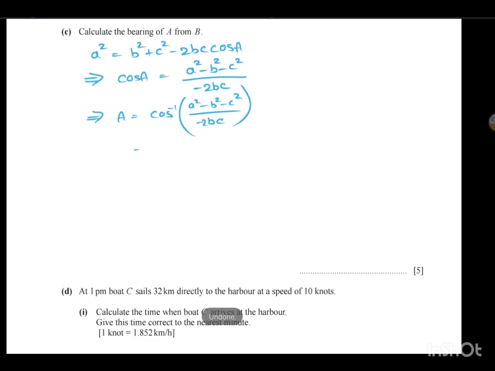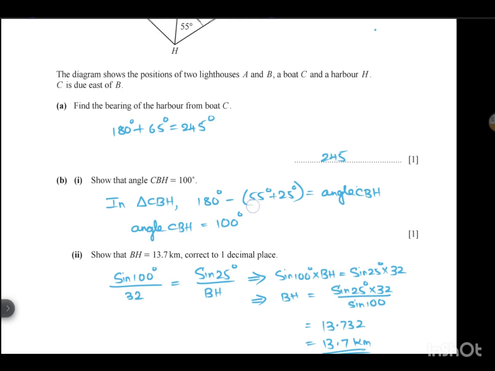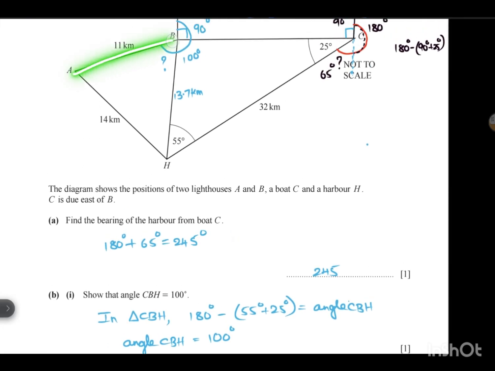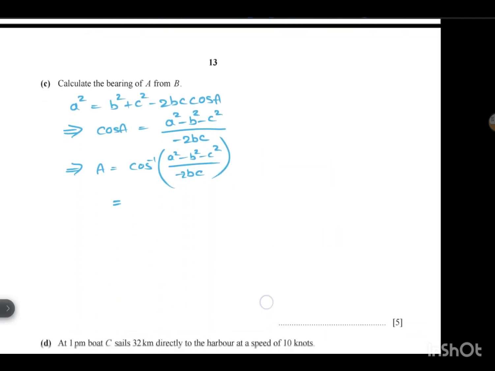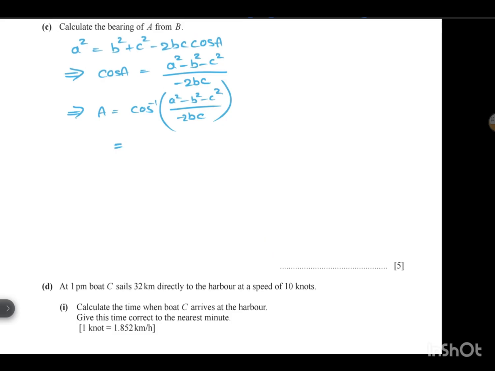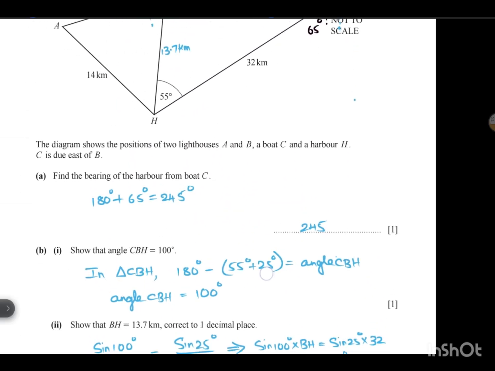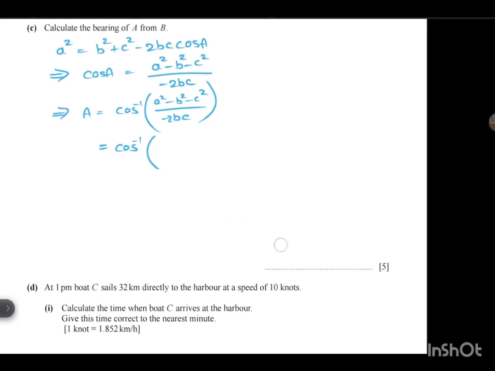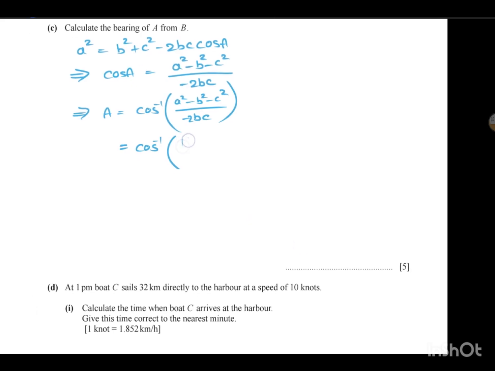The angle we are finding is the angle between these two sides, this 11 kilometers and 13.7 kilometers, and the other side is a, which is 14. So cos inverse of (14 square minus 11 square minus 13.7 square) by (minus 2 into 11 into 13.7).